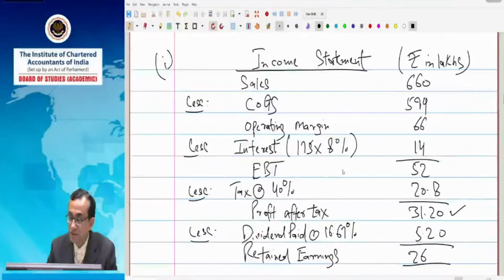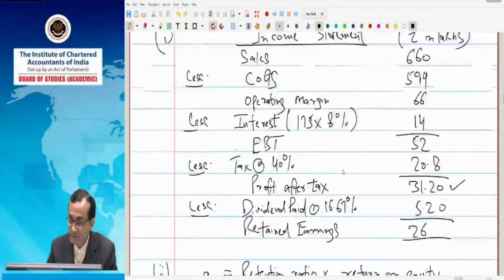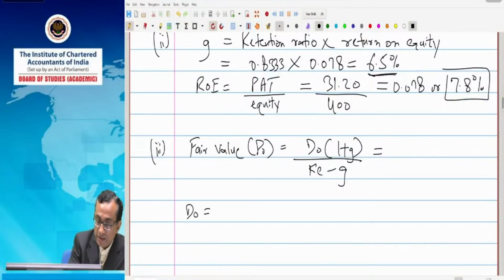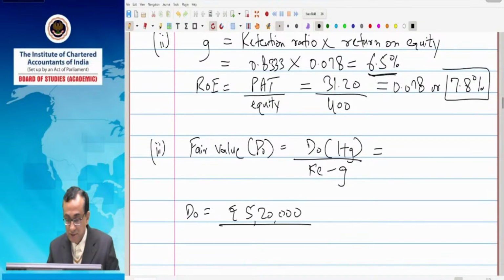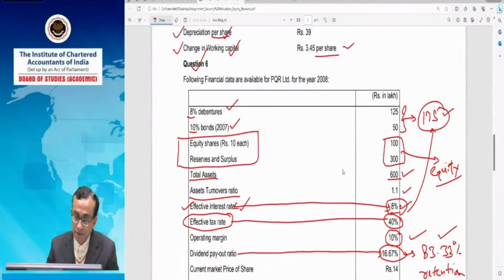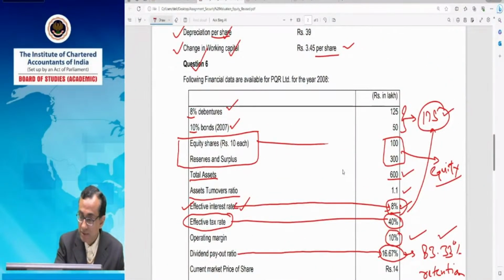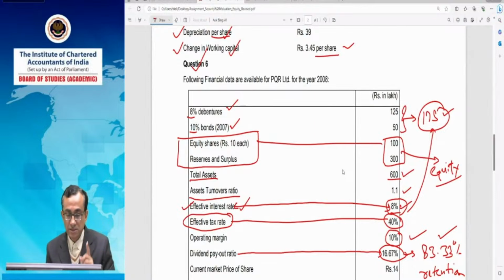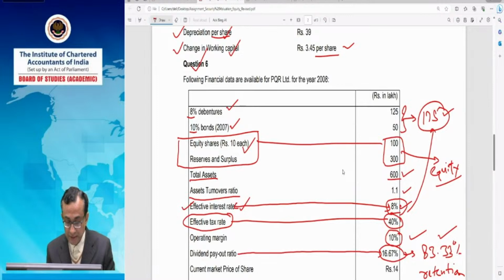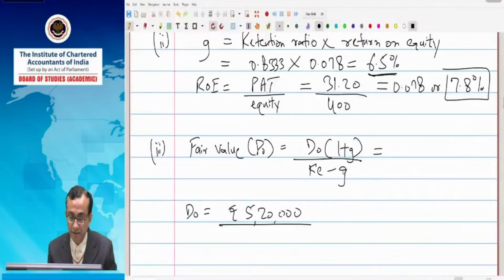The figures are in rupees in lakhs, so 5.2 is 5,20,000. So D0 will be this total figure, 5,20,000, divided by the number of equity shares. Let us find out. The equity share capital is 100 lakh and the price of one equity share is rupees 10. So 100 divided by 10 is 10 lakh. So the number of equity shares will be 10 lakh.